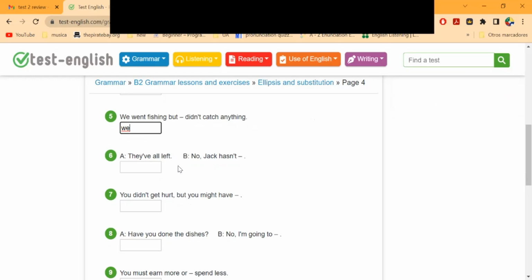No, Jack hasn't left. You didn't get hurt, but you might have. Got or gotten, no sé qué va a poner el software bien, pero ambas se pueden ocupar. Pongamos gotten, a ver. Ya. Gotten, no, separado jamás.